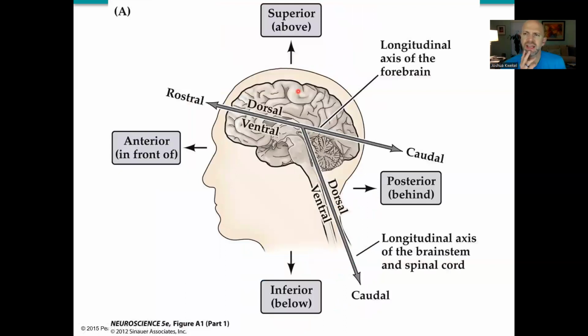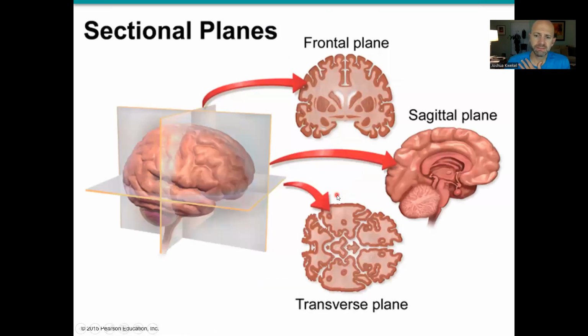So just a note here as we go into the brain about anatomic position and how we navigate around the brain, because the axes change just slightly when we enter the brain. Okay, now notice here at the neck region, we have what we've come to know as our typical anatomic position, meaning superior, inferior, right?